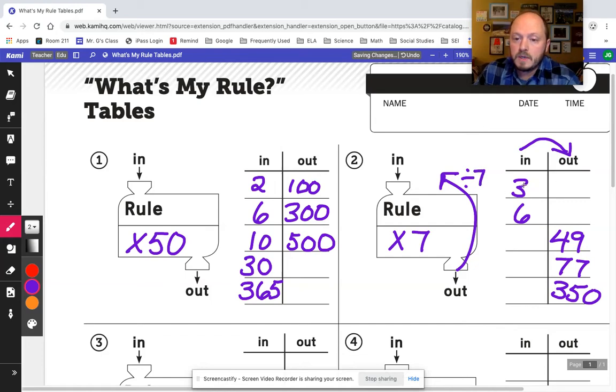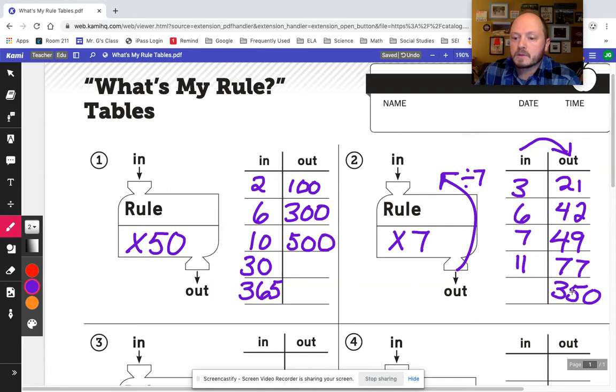So 3 times 7, yes, 21. 6 times 7, 42. But then we ask ourselves, what times 7 equals 49? Which is another way of saying 49 divided by 7. And yet, that's 7. 7 times 7 is 49. And 77 divided by 7 is 11.